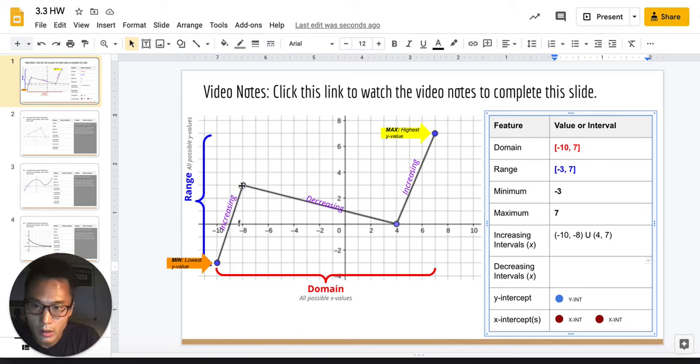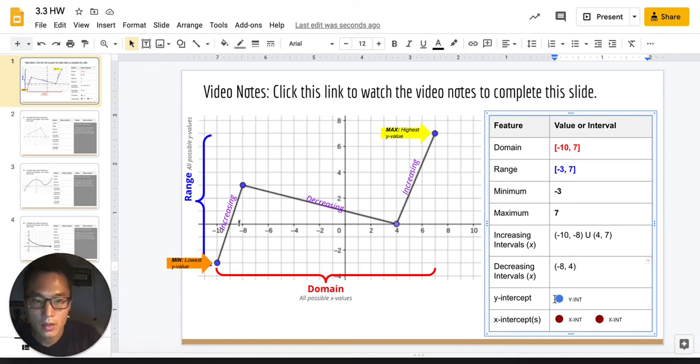Well, we start here, so this is an x of negative 8, until we get to walking downhill, downhill, until we get to an x of 4, and that's when we start walking uphill. So the decreasing interval is from an x of negative 8 until an x of 4. Notice again, I'm using open round brackets because we don't include the endpoints when we're talking about increasing and decreasing intervals.